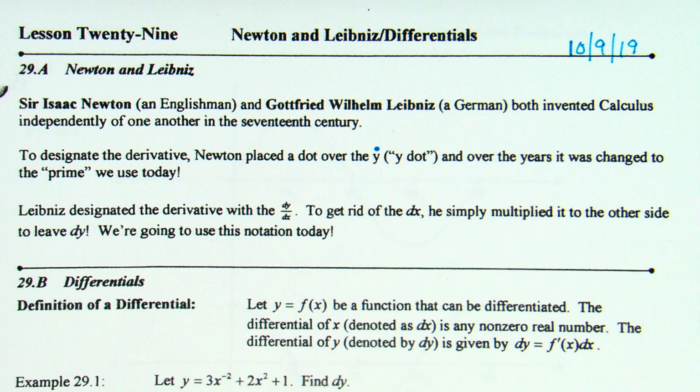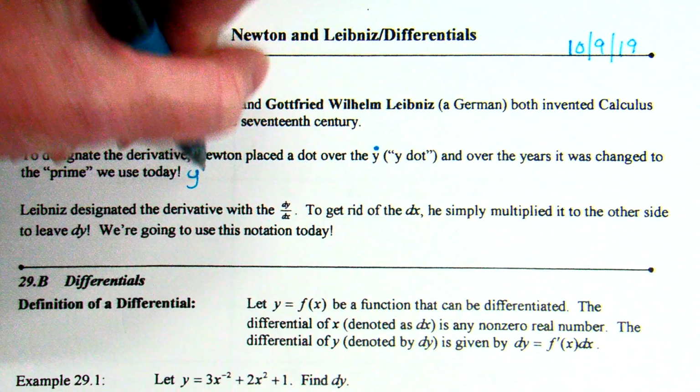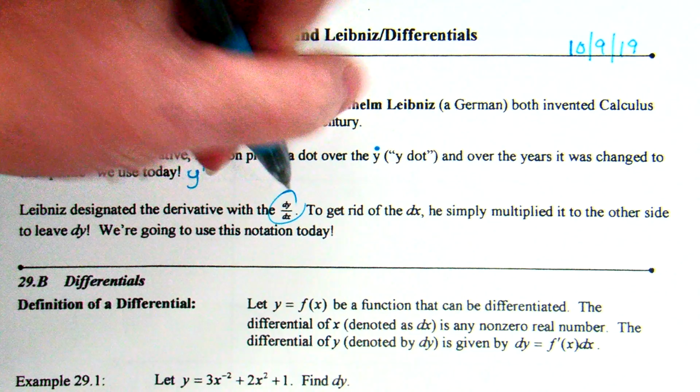So Newton, when he invented calculus, talked about derivatives. He used y dot, which over the years has become what we call y prime. Leibniz, when he did the derivative, used dy over dx, which you've also seen me use. I guess I'll put a y prime here, but the dy dx is what he used.